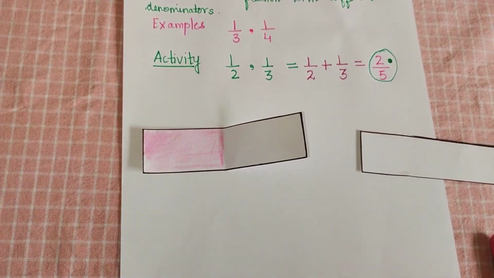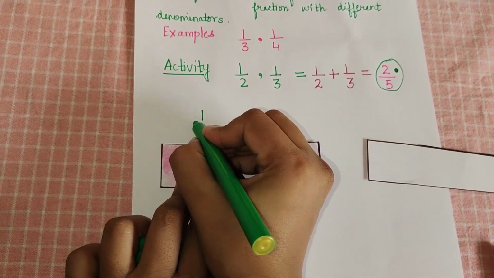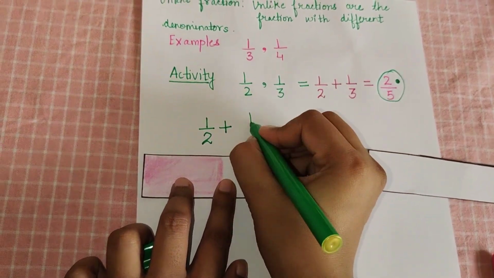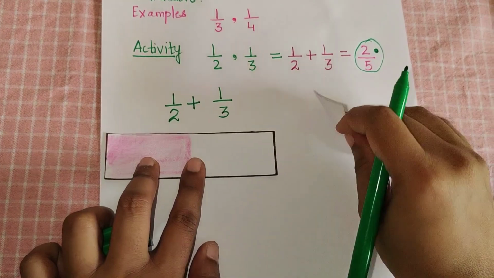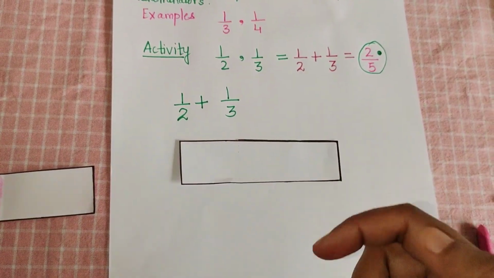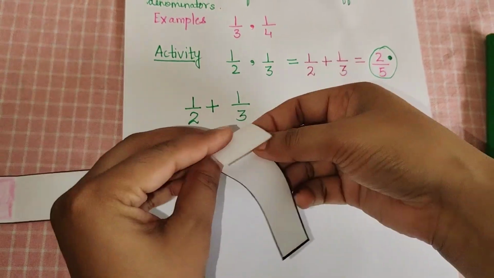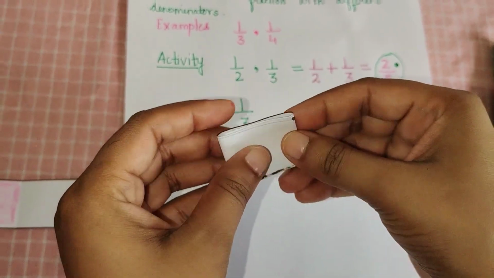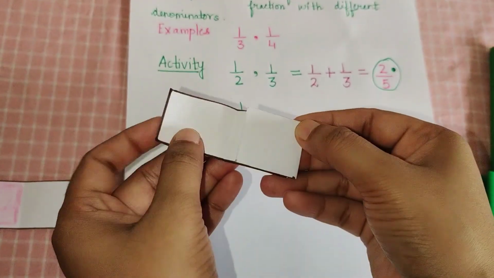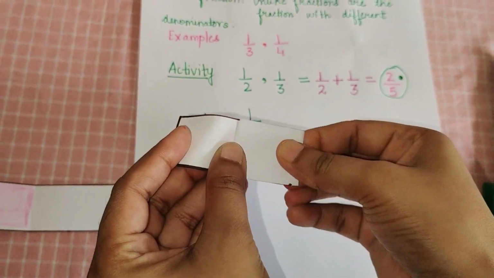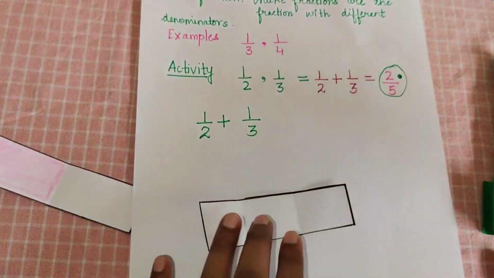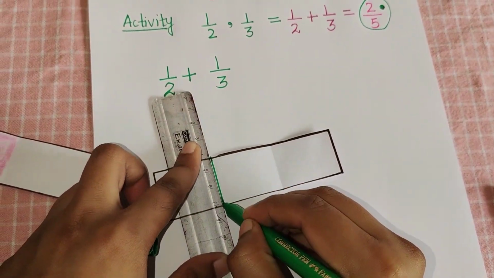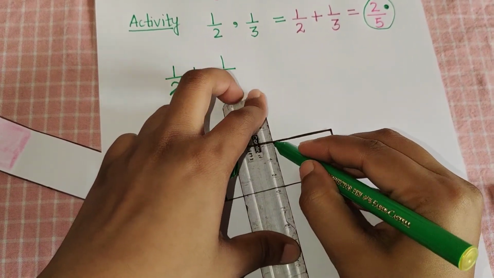Now I am going to write 1 by 2. Now the addition sign, and we are going to represent 1 by 3 on this strip. For that you have to fold it into 3 equal parts. So let's see how we are going to do it. This is the first fold. This is the second one and the third one. One, two, and lastly the 3.